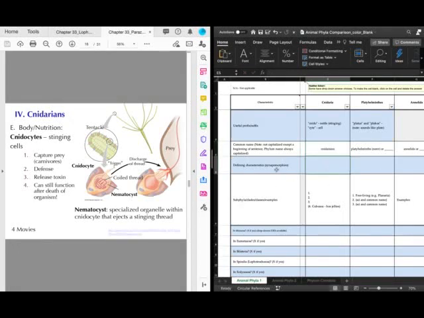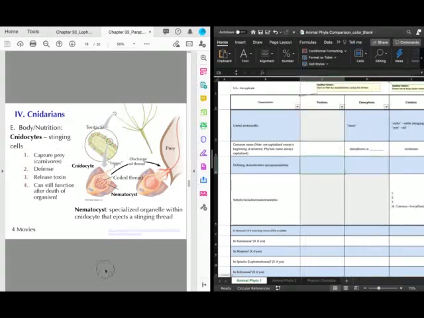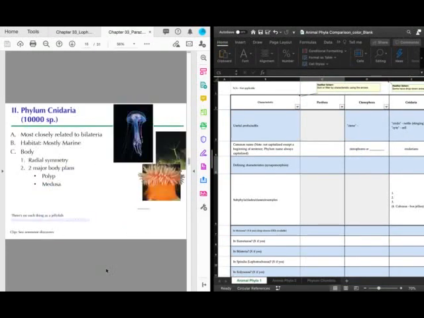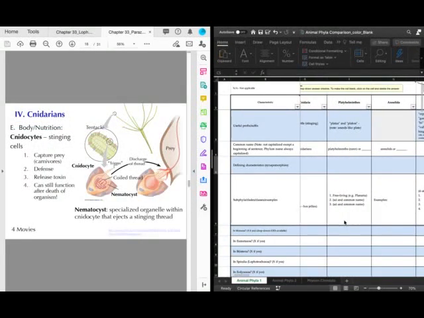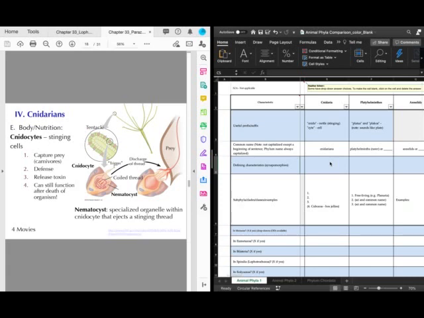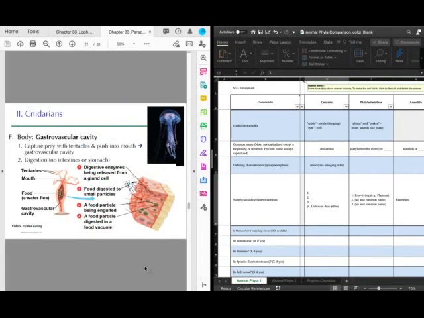Nothing fancy. Defining characteristic, so we've got those stinging cells. The big deal of them, hence their name. Okay, phyla, subclasses, and clades.